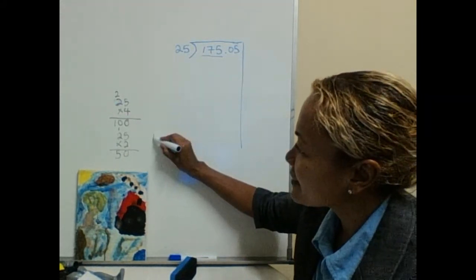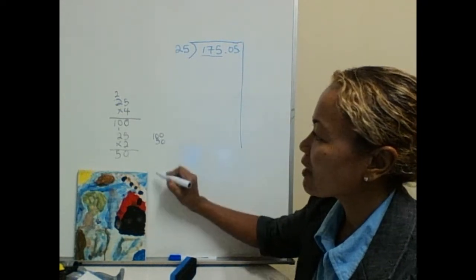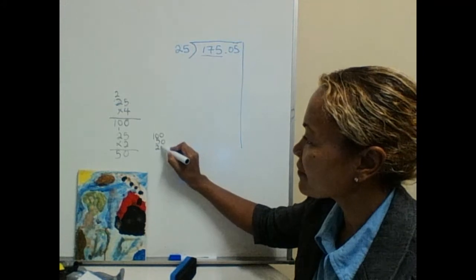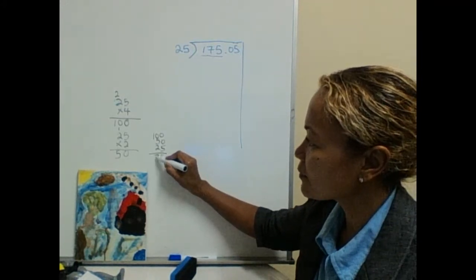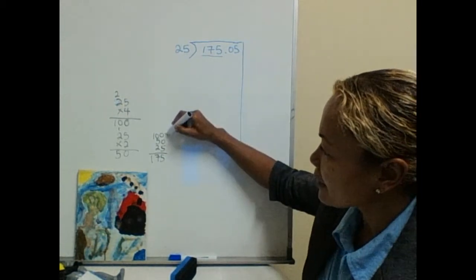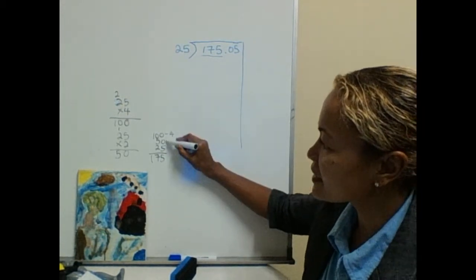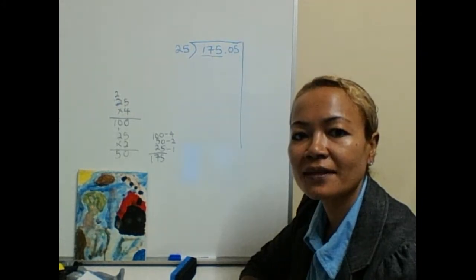So 100 plus 50 plus another 25 is equal to 175. And here you have 4 25s, here you have 2 25s, and here you have 1 25.